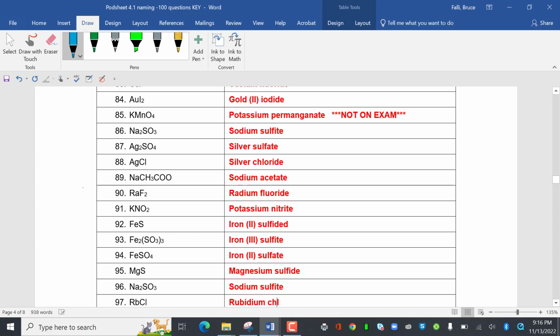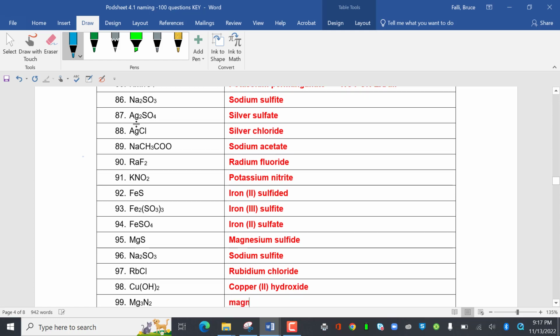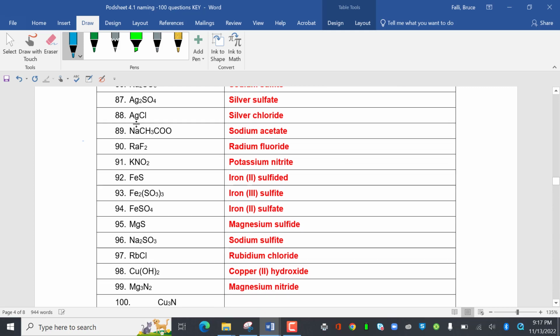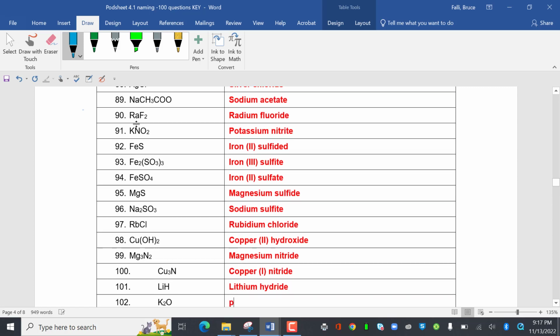rubidium chloride, copper 2 hydroxide, magnesium nitride, almost there, copper 1 nitride, and that was a little tricky because you see the 3, it's so tempting to put it there. Lithium hydride, that hydride comes back again.